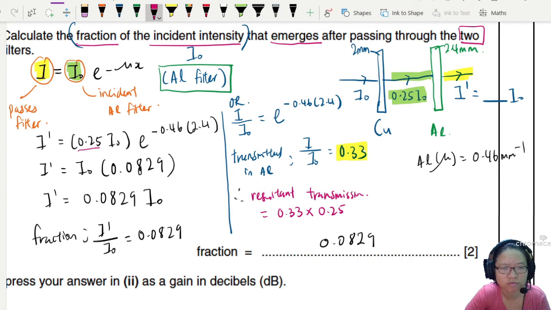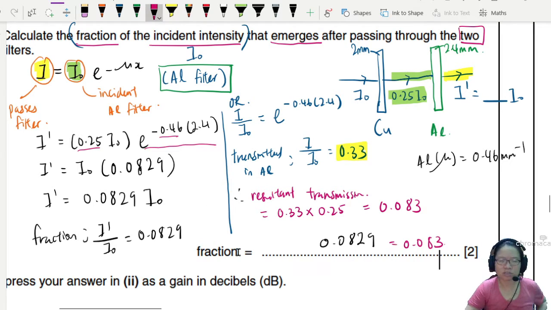Okay, so right now, if you press your calculator, you will get 0.825. I mean, this one might not be exactly the same because it's rounded, but close enough. I guess you round this is 0.083.